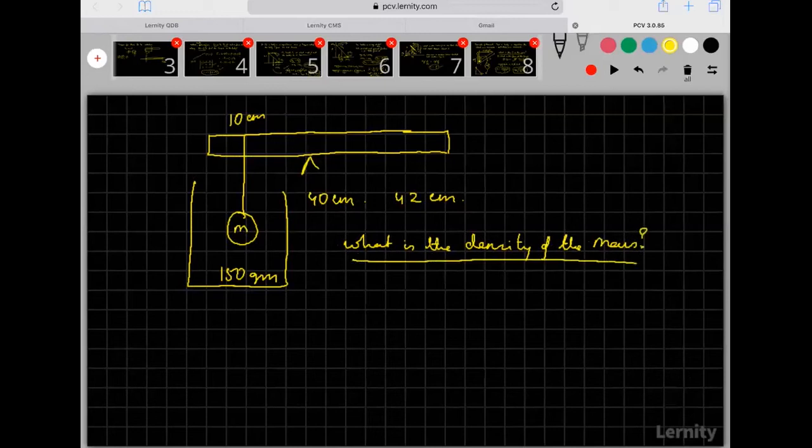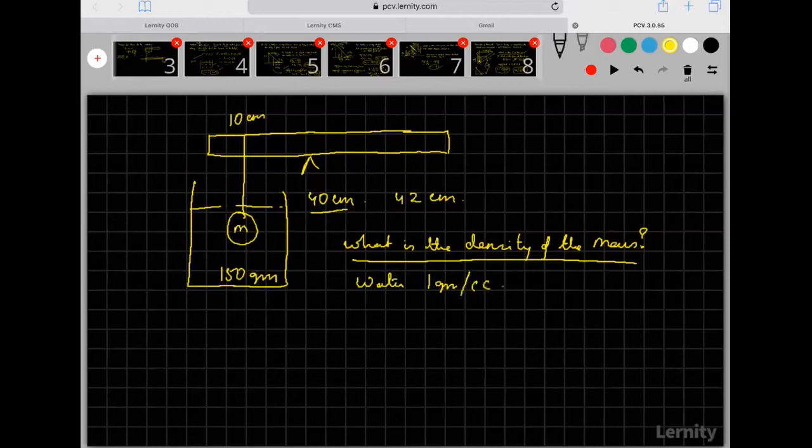So I have a 150 gram weight which I suspended from the 10 centimeter mark, and my balance point was at 40 centimeters. Now I moved that inside a liquid. The liquid is water. Water has a density of 1 gram per cc.